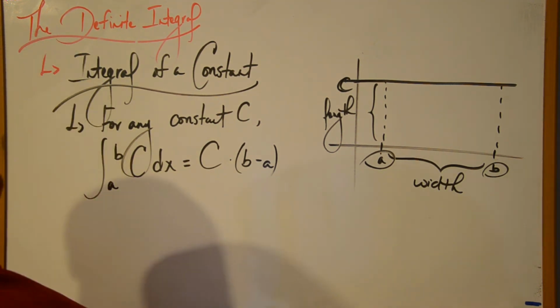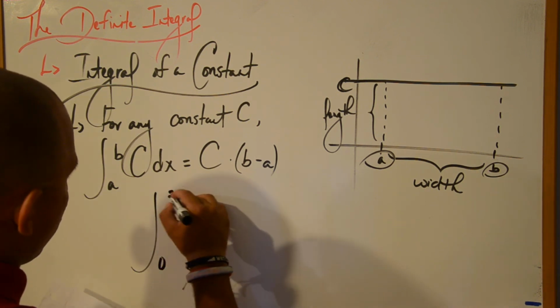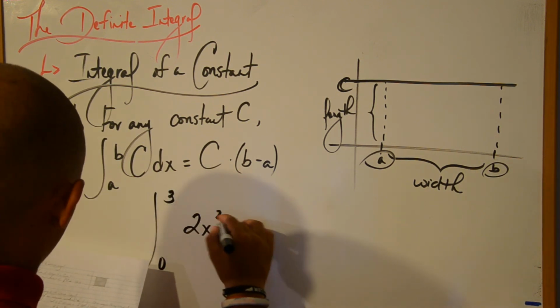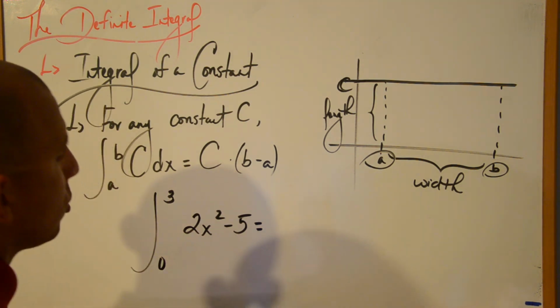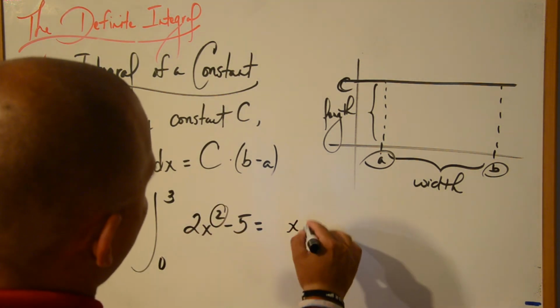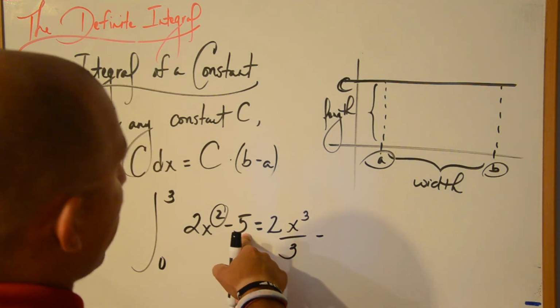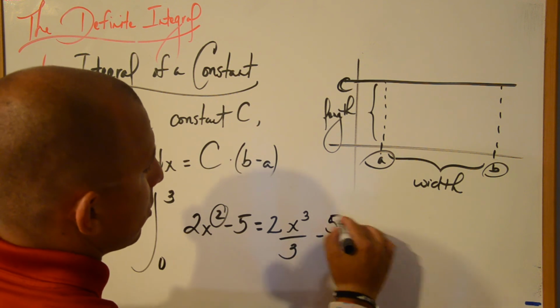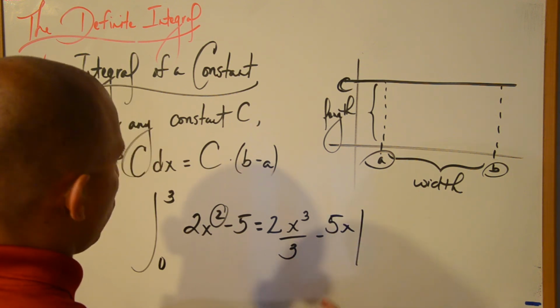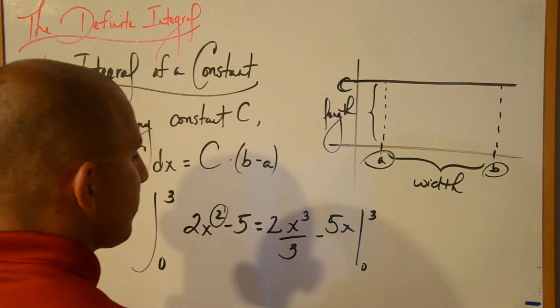Let's get a practice problem in. Definite integral from 0 to 3 of 2x squared minus 5. So if we integrate this, once again, we're going to add 1 to the exponent, x cubed, and divide; minus, there is no variable here, therefore it was a 5x before, from 0 to 3. Okay.